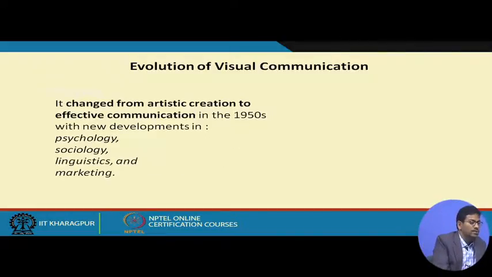Then if we look at the next stage of visual communication, a major change took place when the change from artistic creation to effective communication was taking place post World War II. During World War II, there were a lot of advancements in the areas of psychology, sociology, linguistics, marketing, and technological development.